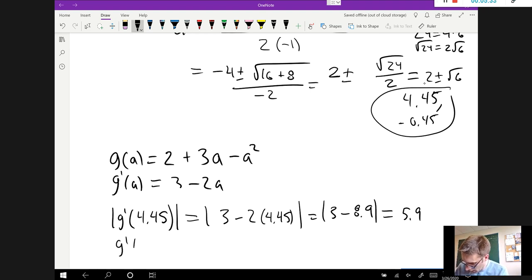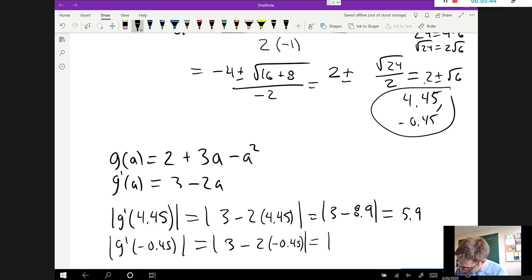And g'(-0.45) would be 3 minus 2 times negative 0.45, which is an absolute value of 3.9.